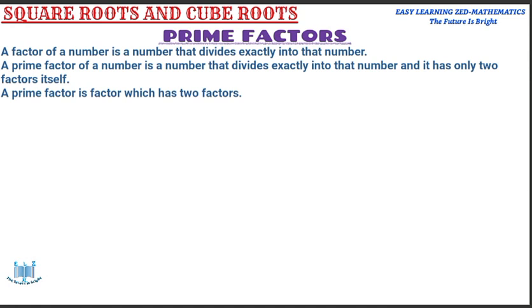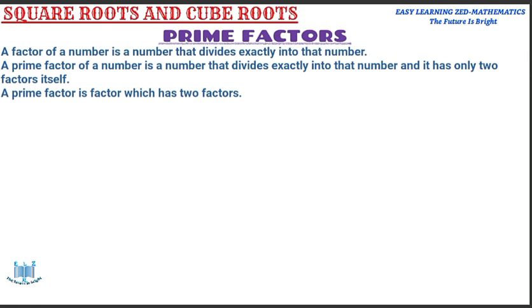And when we look at this 2, which is a factor of 4, 2 has only 2 factors, which are 1 and itself. So 2 has only 2 factors, which is 1 and 2. So we can say 2 is a prime factor of 4, because 2 has only 2 factors.